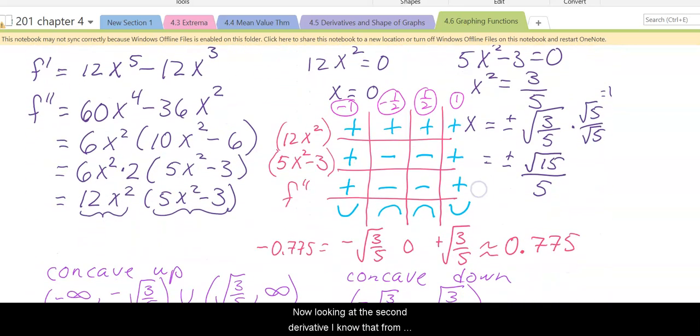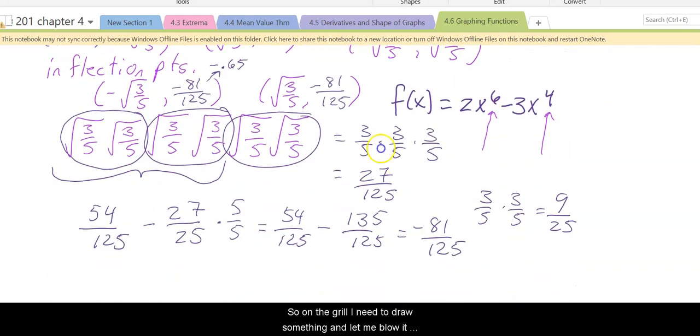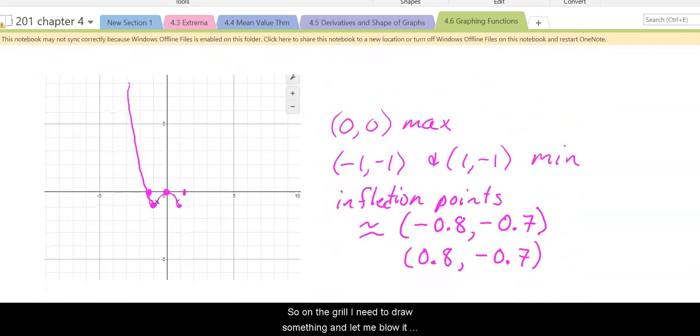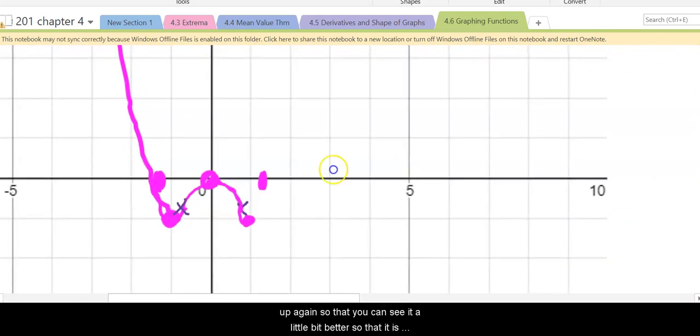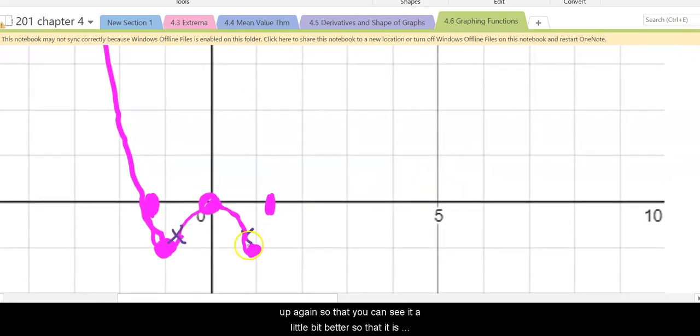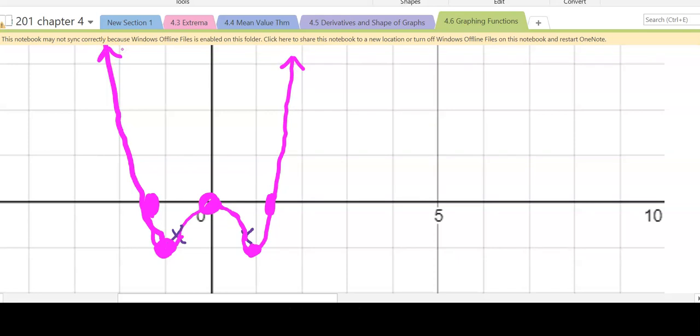Now looking at the second derivative, I know that from that inflection point, it is going to stay concave up. So on the graph, I need to draw something, and let me blow it up again so that you can see it a little bit better, so that it is curved with a bend up, but going up to infinity on both sides. This is roughly what the graph needs to look like.